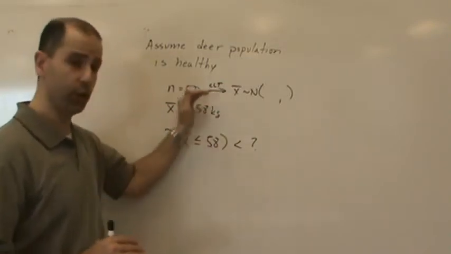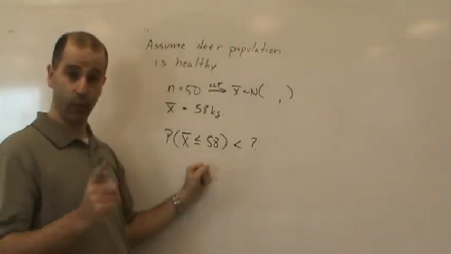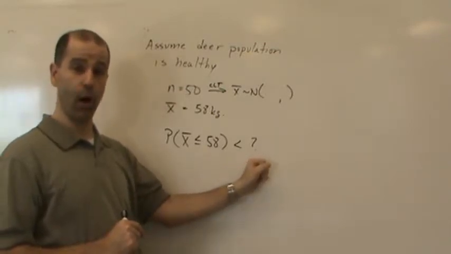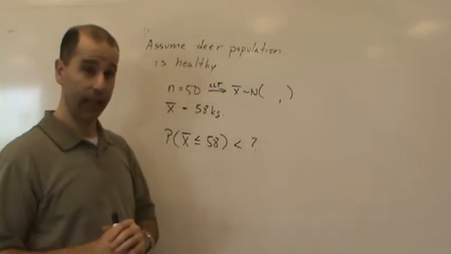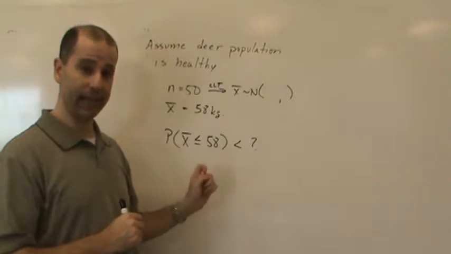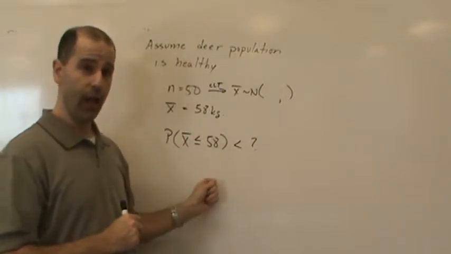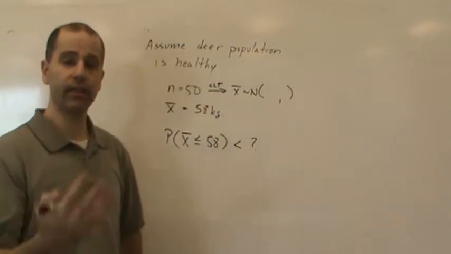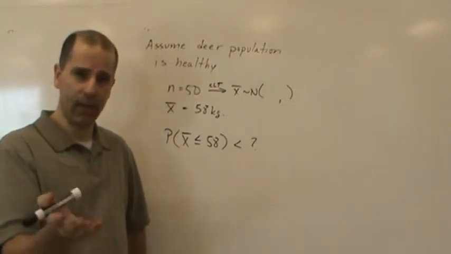So in other words, we're going to use sample data and find the probability, and find out if that probability is significantly small, and we're going to define what significantly small means later on. But if the probability of getting the sample that we just got is significantly small, then that's going to be evidence against the assumption that we're making. And we're going to talk about what that assumption is.